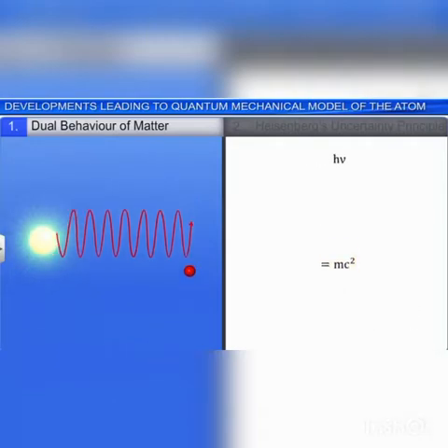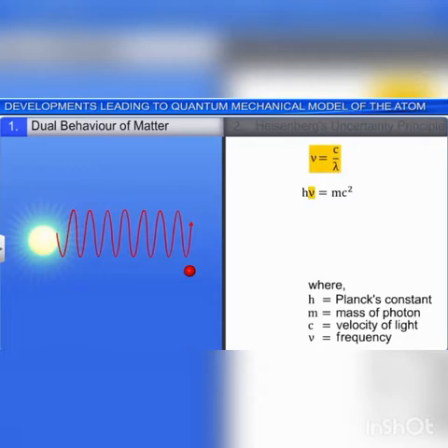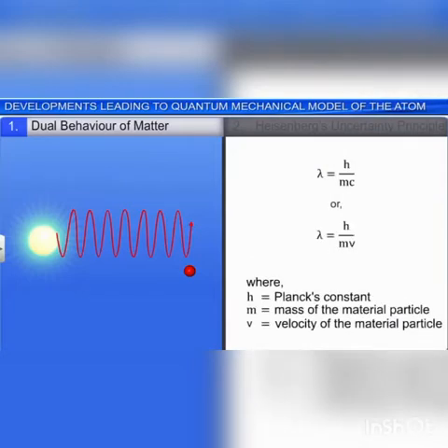By combining these two equations and replacing nu with c by lambda, we get lambda is equal to h divided by mc. To generalize the equation for any material particle, c, the velocity of light, is replaced with v, the velocity of the material particle.